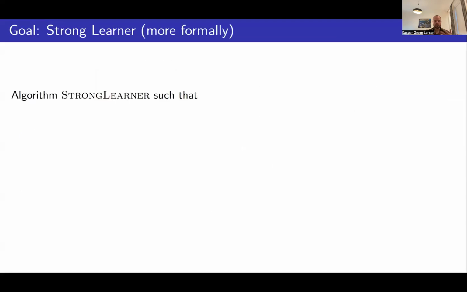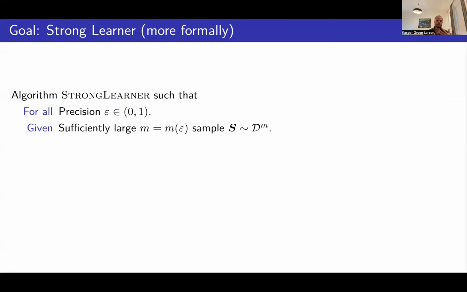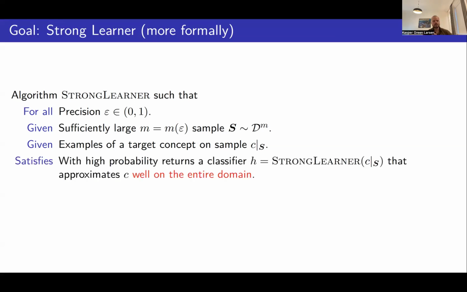If we want to be a little more formal, what we're really after is a so-called strong learner, meaning that for any target accuracy, a precision epsilon, if I have enough training data, some M of epsilon many samples from this data distribution, and I see the labels of my training data, that is, the target concept evaluated on this training data set, then with high probability my learning algorithm produces a classifier H that approximates C well on the entire domain, not just on the training data set.